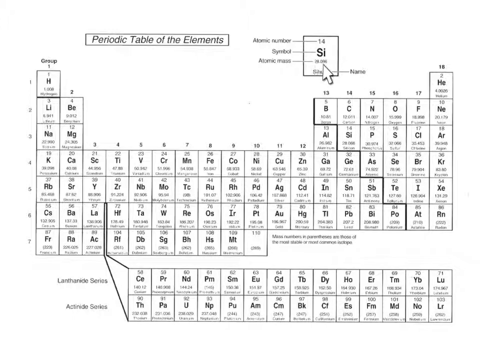So that's why it's not going to be a whole number. It's not going to be 28 or 27. It's going to be a decimal because it's an average. Depending on the percentage of each isotope in nature, you will have the possibility to have a bunch of decimals. But in here, they will give you up to 3 decimals. So this is the atomic mass and corresponds to roughly twice the atomic number.